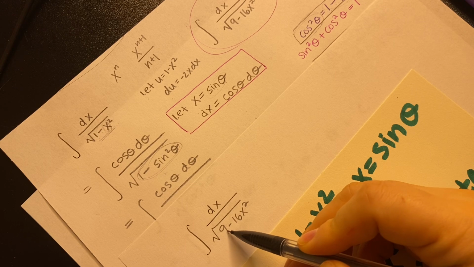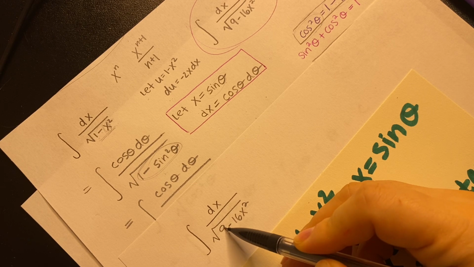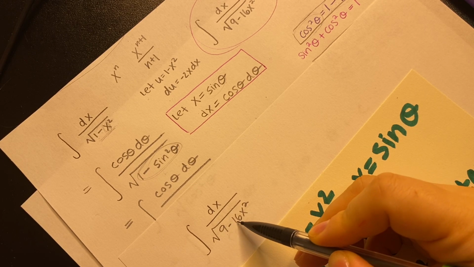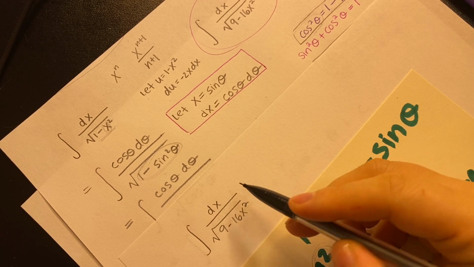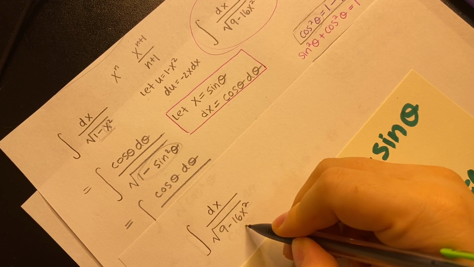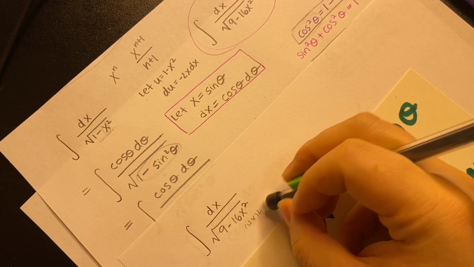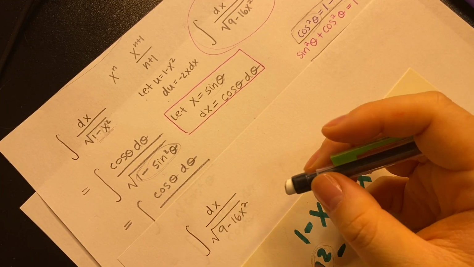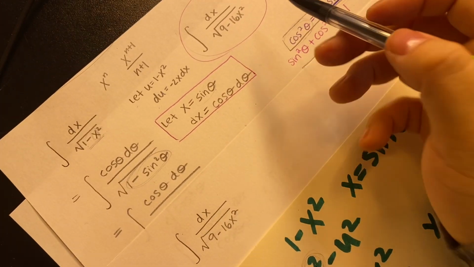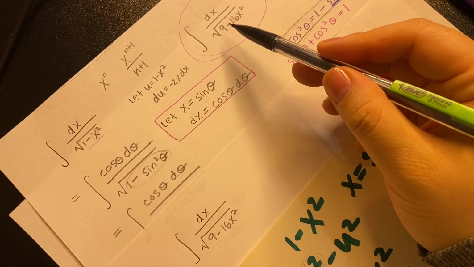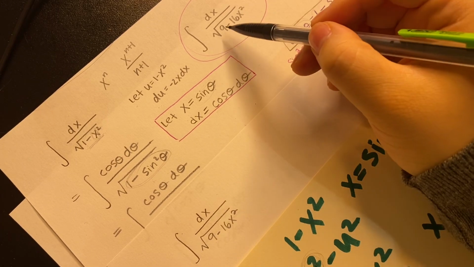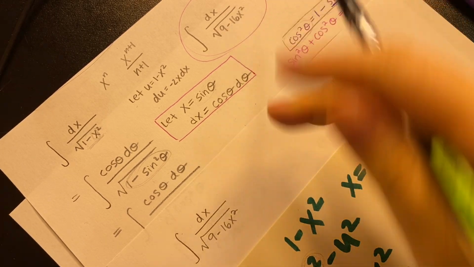You might see here we have 3 squared is 9 and 16 is 4 squared. So we could write that as 4x squared, or just 4 squared x squared. There's lots we could do here. But like we said, it doesn't have to be a perfect square. It's just of this form, some number minus stuff squared.